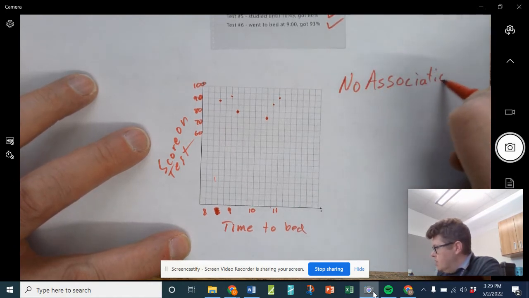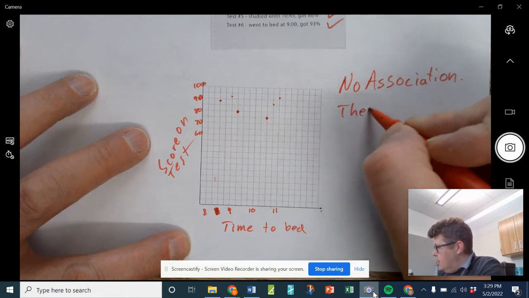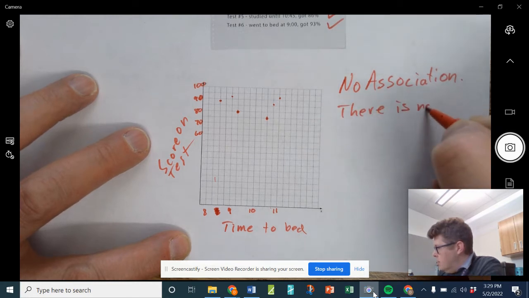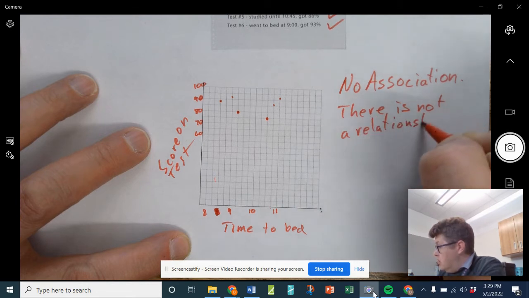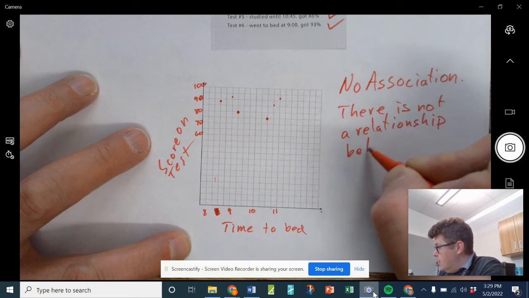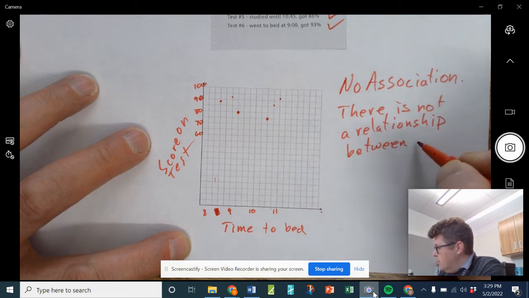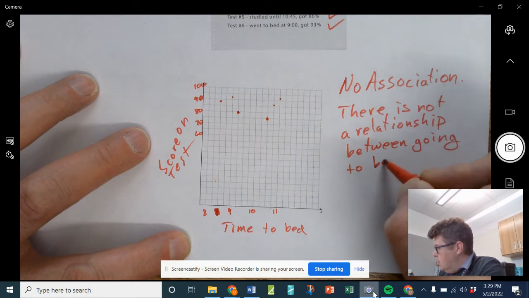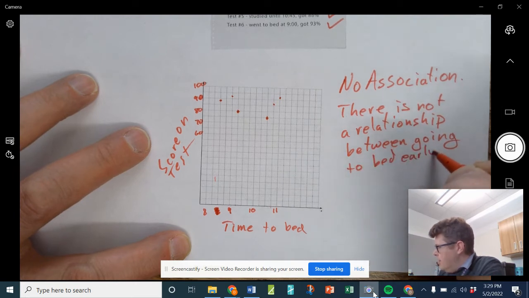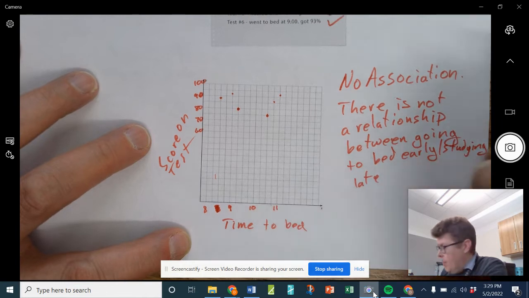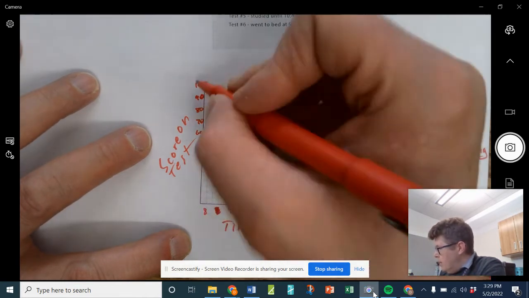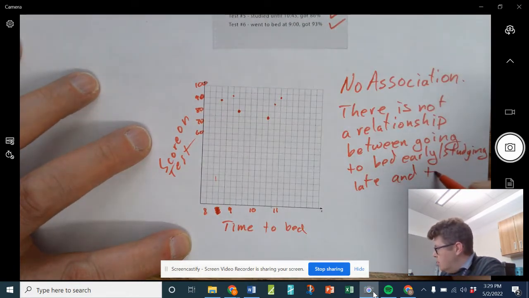There is not a relationship between going to bed early or studying late, because that's one data set, your time to bed, and the other data set would be the test score.